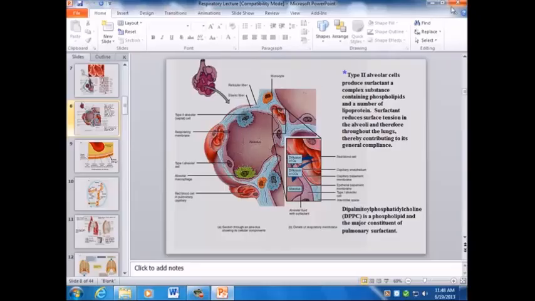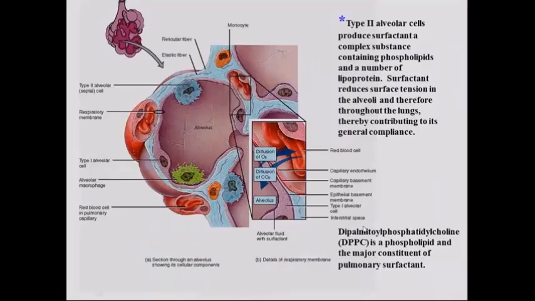Okay, so you have three cell types that you need to concern yourself with. One of them is the alveolar macrophage. We've already done immunology, so we're not going to spend a lot of time here, other than some histology textbooks call them dust cells, because they mop up any particulate matter that makes it past your respiratory tree.